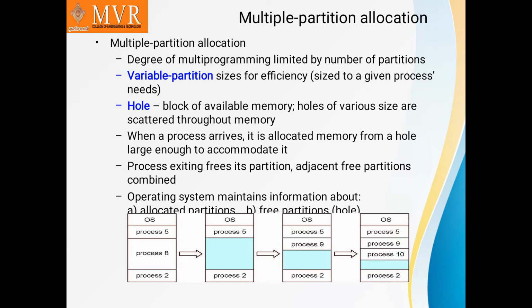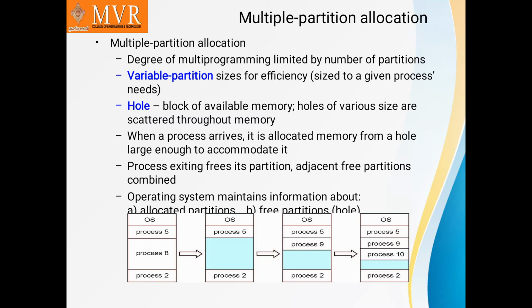Holes of various sizes are scattered throughout memory. When a process arrives, it is allocated memory from a hole large enough to accommodate it. When a process exits, it frees its partition, and adjacent free partitions are combined.